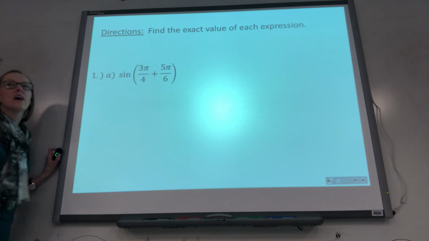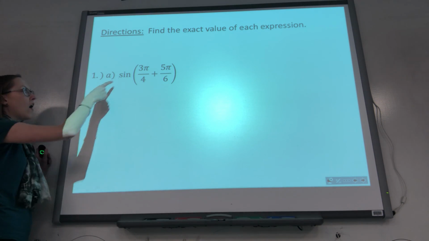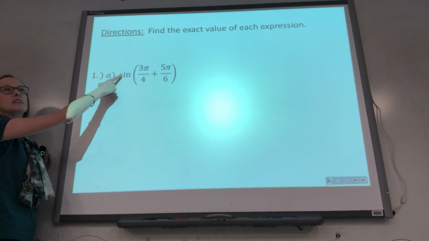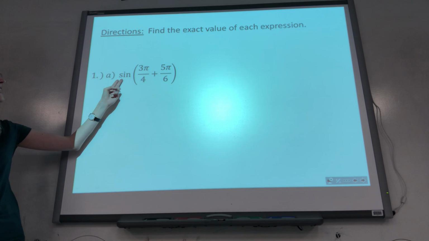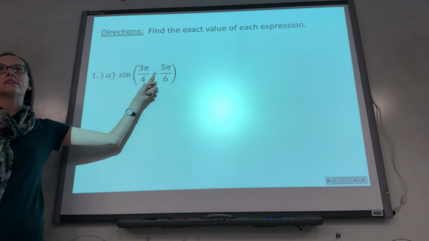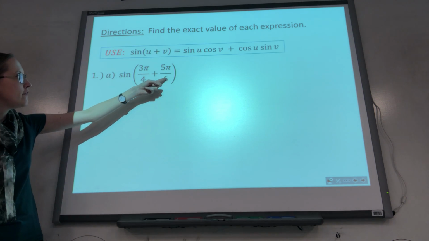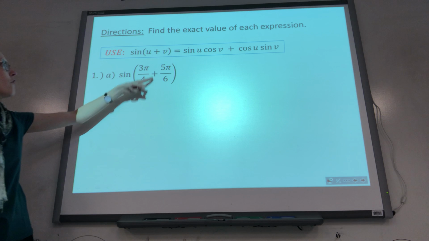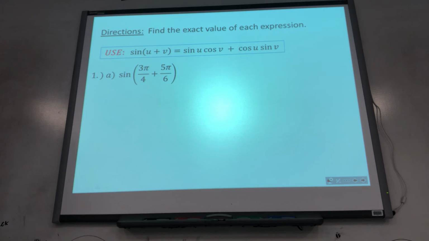And so if you look at those 6 formulas that you wrote down, first of all, you need to be looking at the sine formulas, because that's what you have out front. And the one that you want has the plus sign. Sine of u plus v. That is the formula that we're going to use right here on part A.